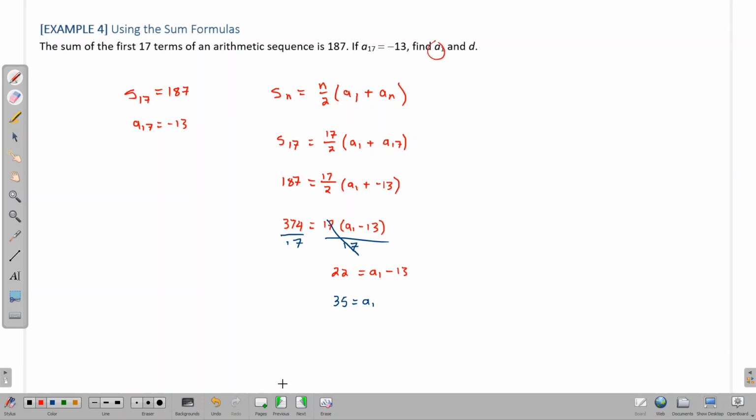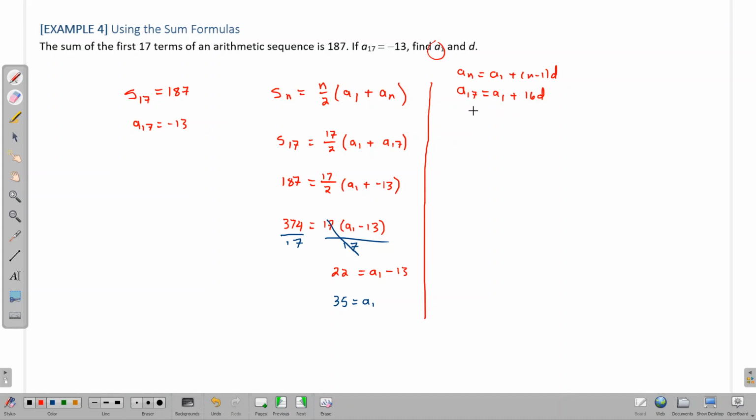But now we need to go back and find D. So to get the value of D, we have several options, but one of them is just to come back to this. We know the 17th term. Actually, let me write this. We know the nth term from our previous set of notes was A1 plus n minus 1 times D. So the 17th term is A1 plus 16D, because you do 17 minus 1 there.